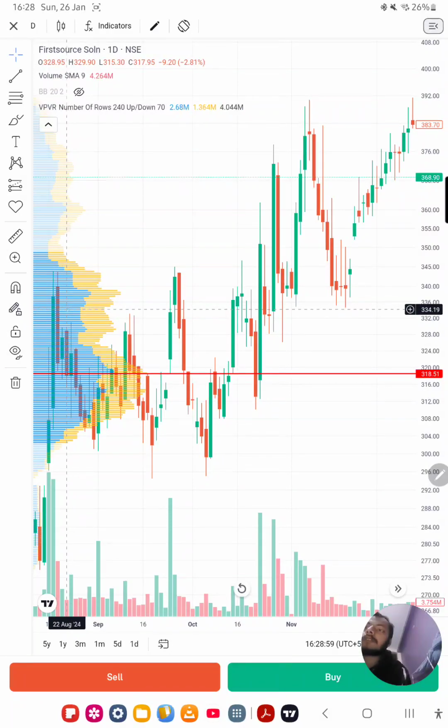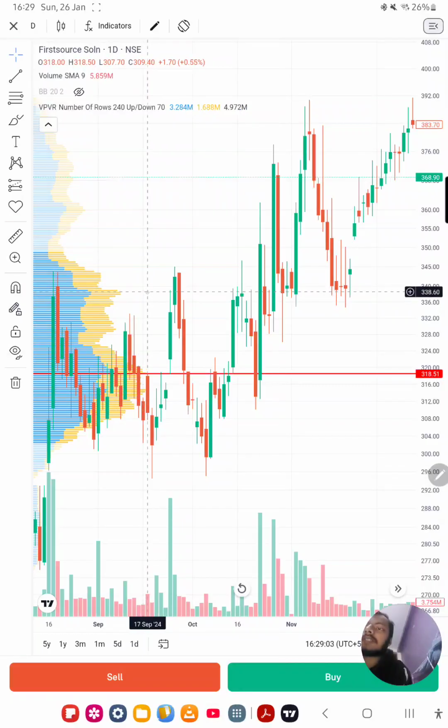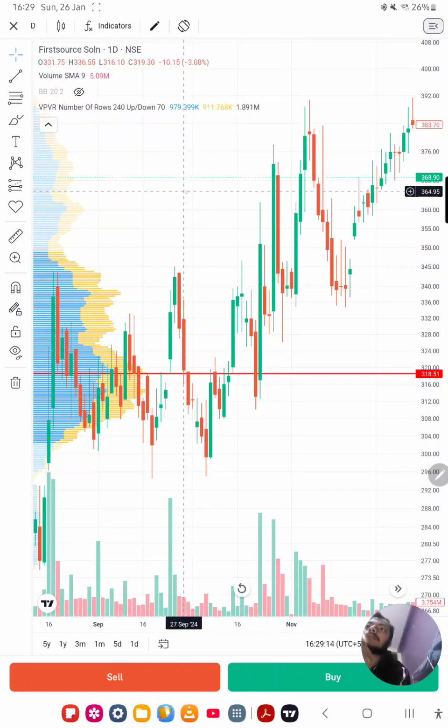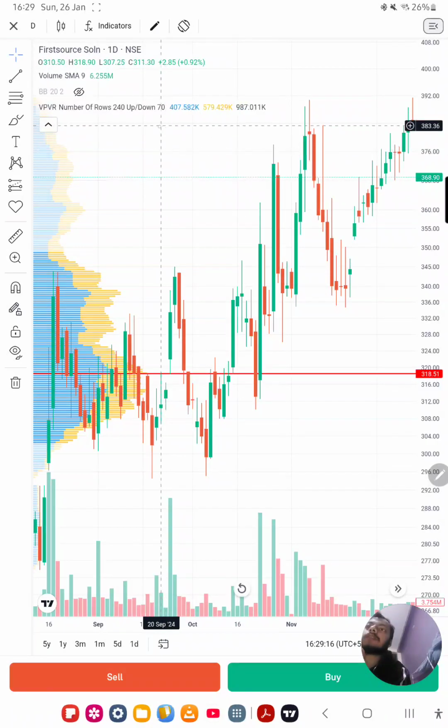Blue bars are for up volume and yellow bars are for down volume. For this price, like 339, the volume was from here. Please follow the pointer.